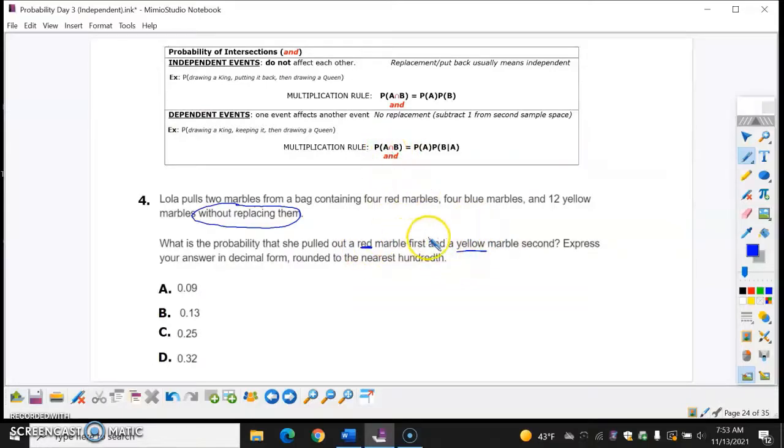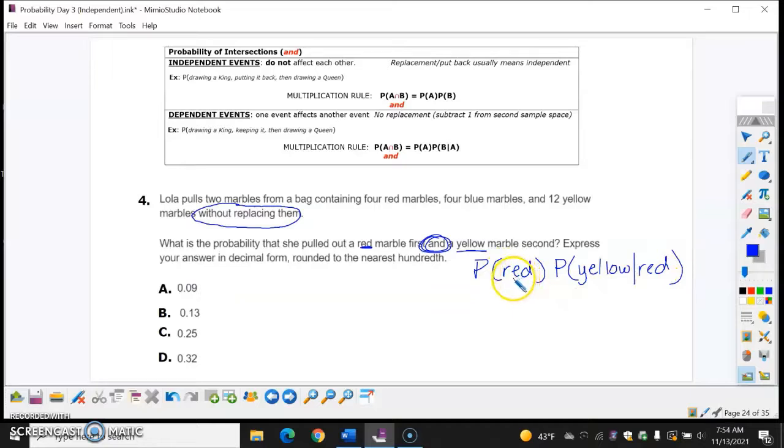All right, so this says and. Remember, if it says and, we're looking at the multiplication rule. So we're going to find the probability of a red marble and multiply that by the probability of a yellow marble, given that she pulled out a red marble first.